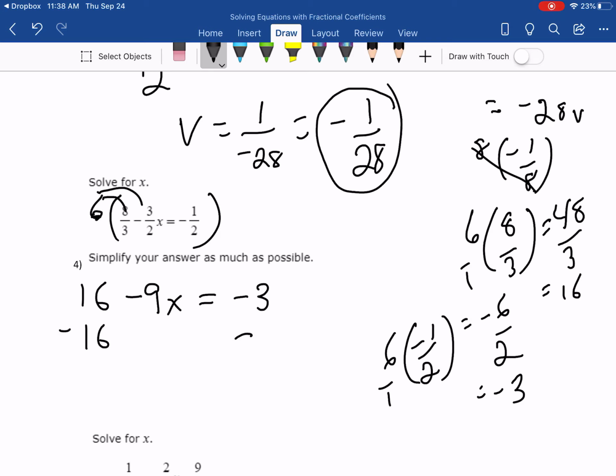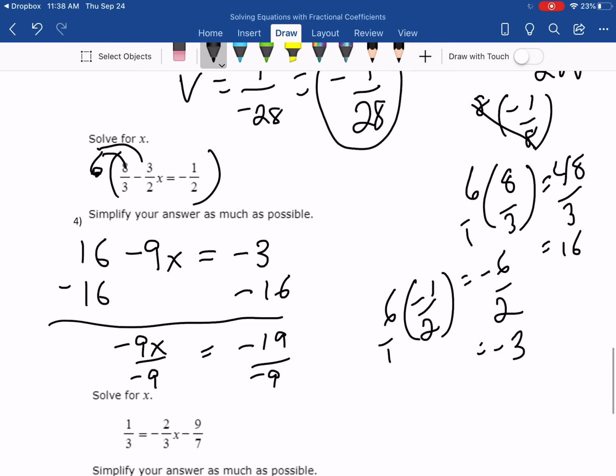Get rid of the 16 from each side. Negative 9x equals negative 19. Divide each side by negative 9. So x is equal to, now 19 isn't divisible by 9. So we're just going to simplify. The simplest we can get it is positive 19 over 9, right? All we can do is get rid of the 2 negatives.